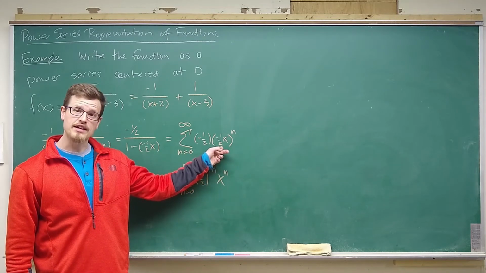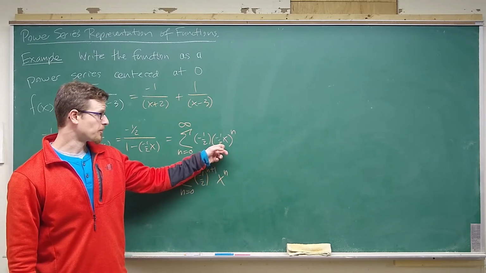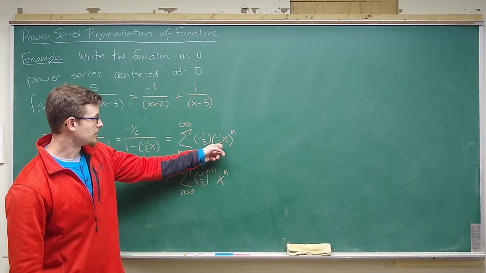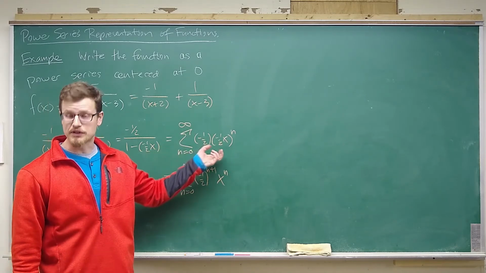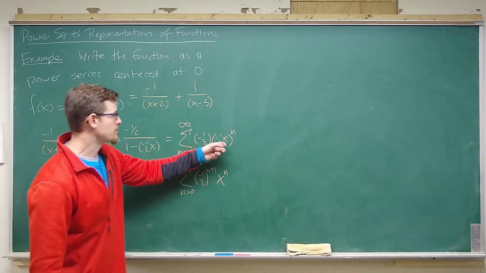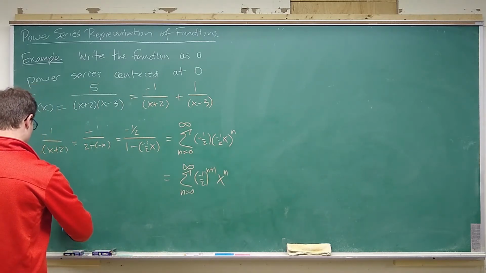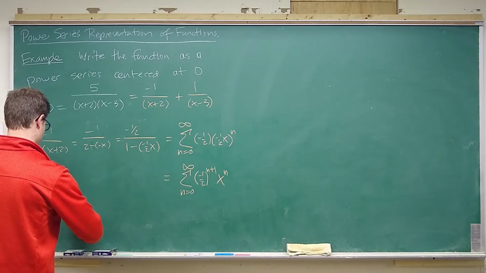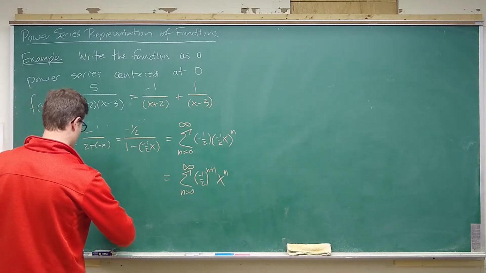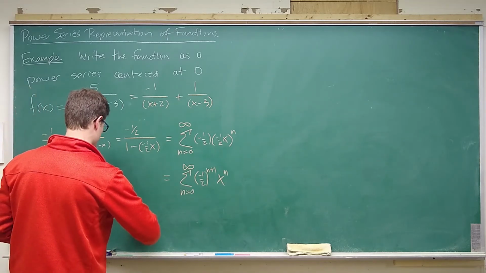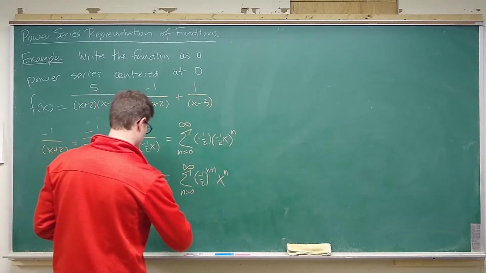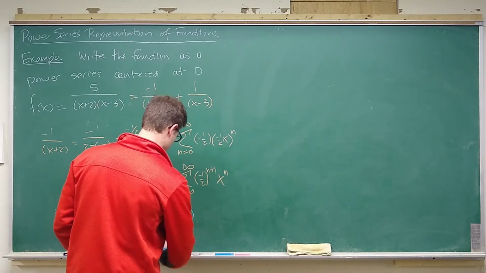Using this as the r value for my geometric series, I noticed that I should have an interval of convergence from -2 to +2.